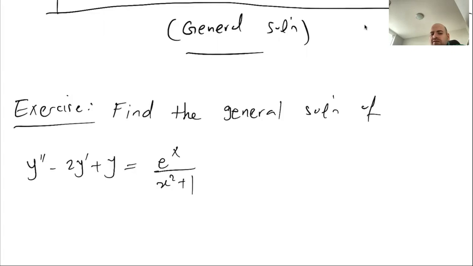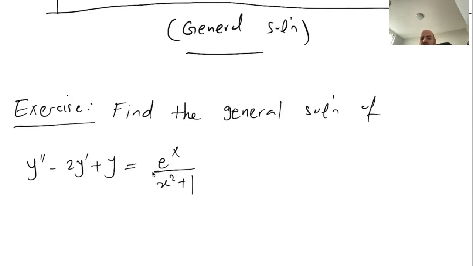variation of parameters. And for that, we need y1 and y2, the linearly independent solutions for the homogeneous equation, where this equation here will be replaced by the same left-hand side, but the right-hand side will be replaced with 0. So then you will find the y1 and y2, the linearly independent solutions of that equation.